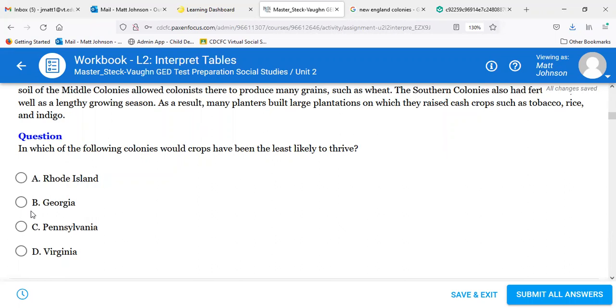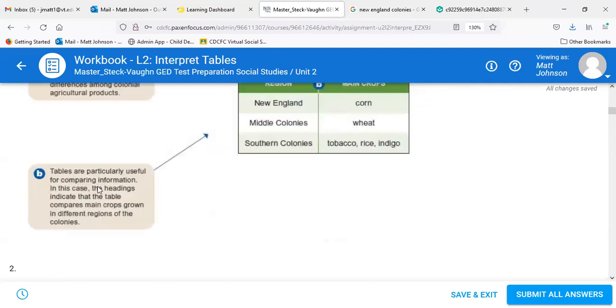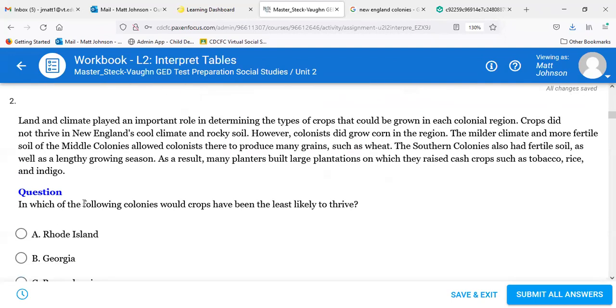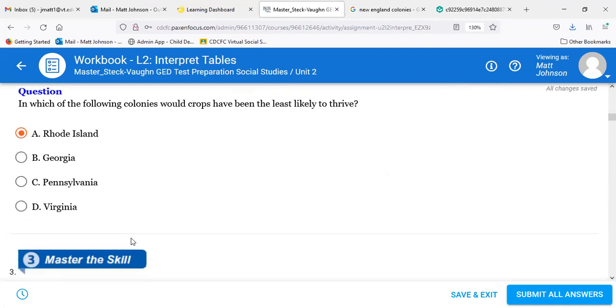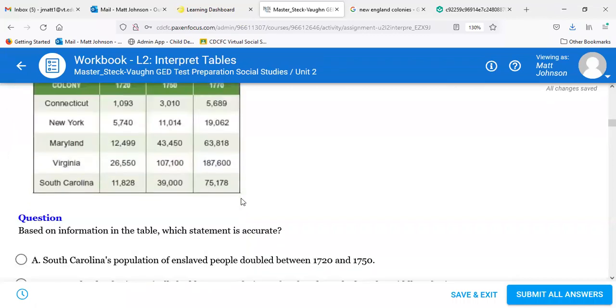Yeah, A. Rhode Island. Yeah, so that's one of those things you have to think about. Okay, New England, Rhode Island, Georgia, South, Pennsylvania, Virginia, that middle colonies. So knowing that prior geography is going to be important. So A for number 2, Rhode Island. Rocky soil, not great for growing.